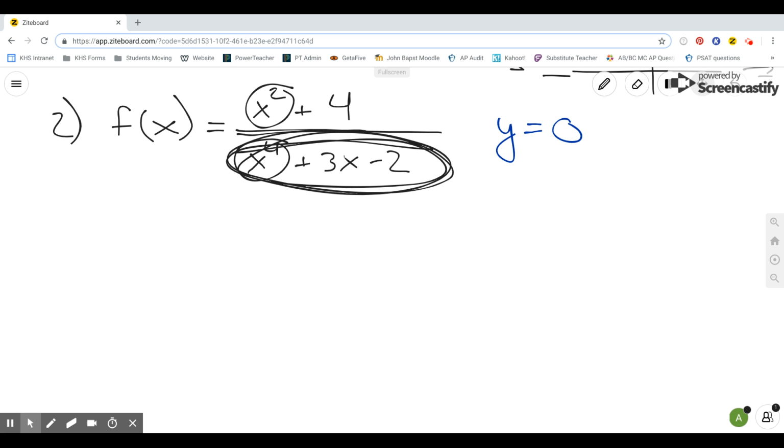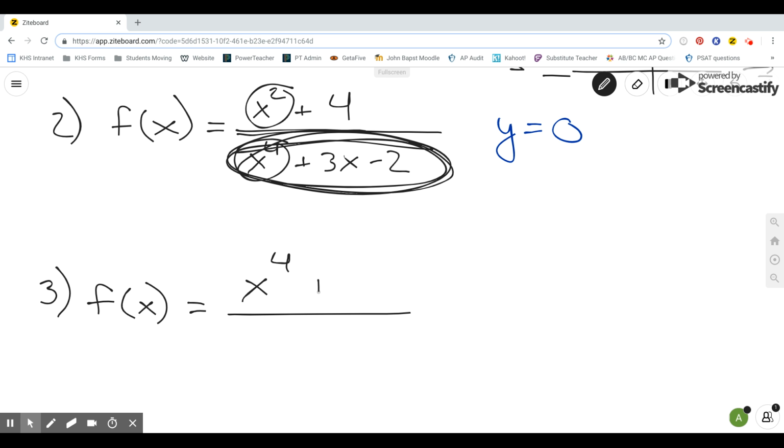But what happens if your exponent is larger in the numerator? So maybe you have x to the 4th plus 4x all over x cubed minus 2x plus 1. Well, again, think about this as end behavior. If you're plugging in really, really large numbers of x, your numerator is going to take over.